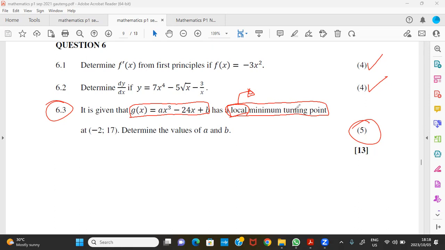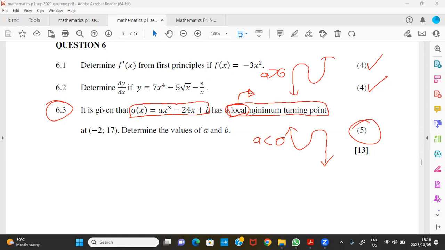So minimum turning point. Already we know with a cubic graph, it depends on whether a is positive or negative. If a is positive, our cubic graph will look something like this, and if a is negative, our cubic graph will look something like this.